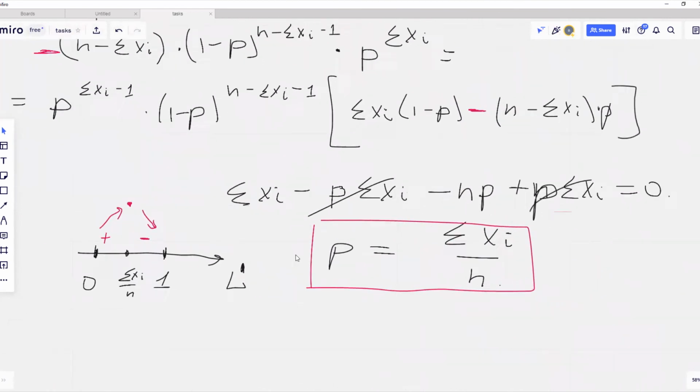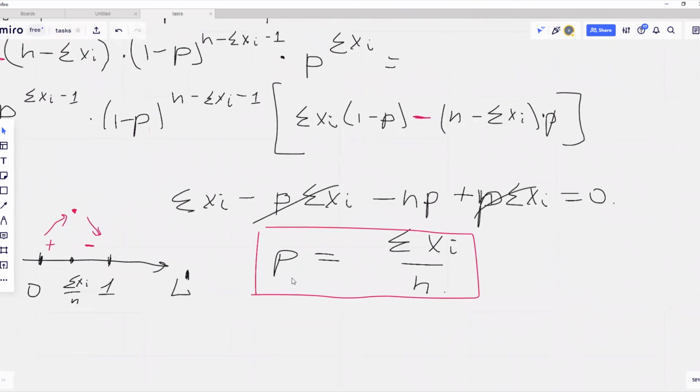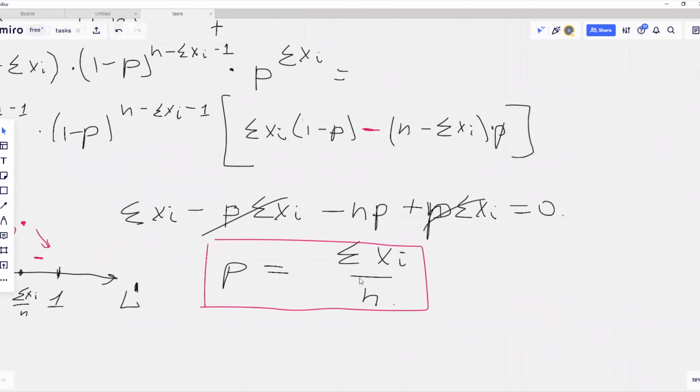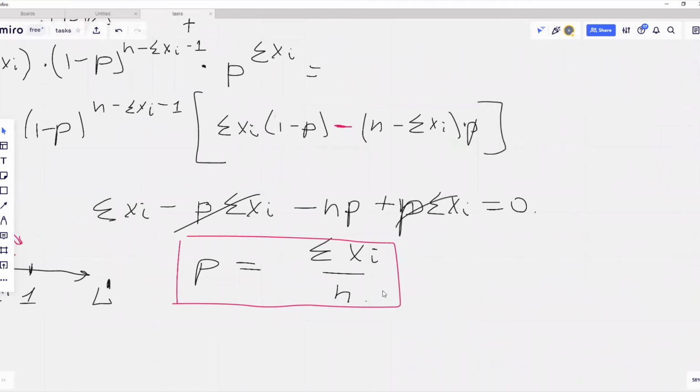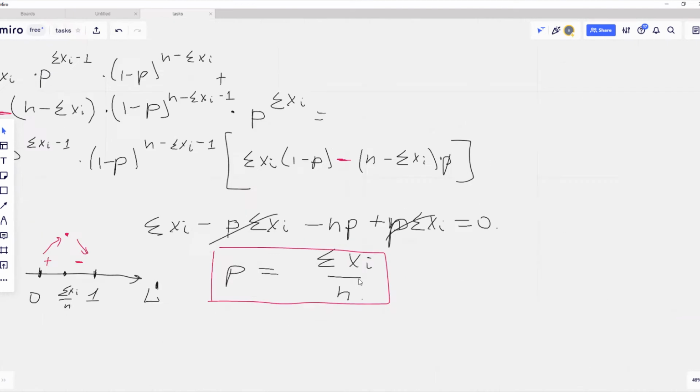All right, so our maximum likelihood estimate is given as sum of xi's over n, and as we said, this technique will give us an unbiased estimator in case when n is large, and this estimator will have the smallest variance out of unbiased estimators.